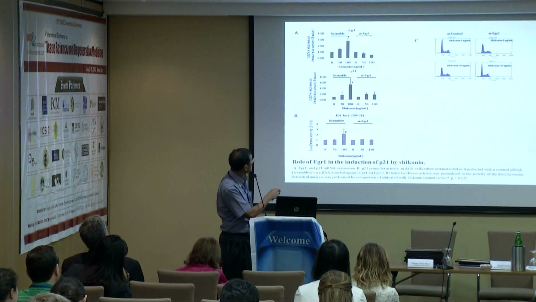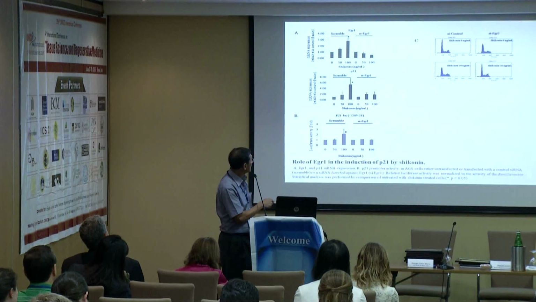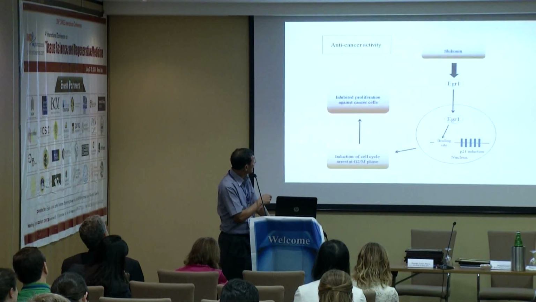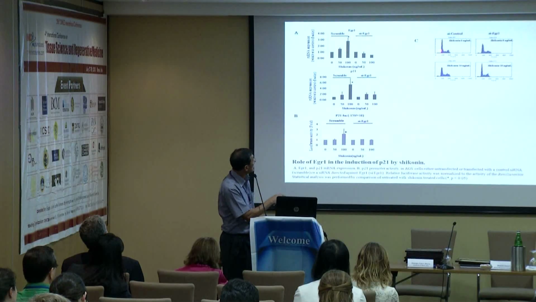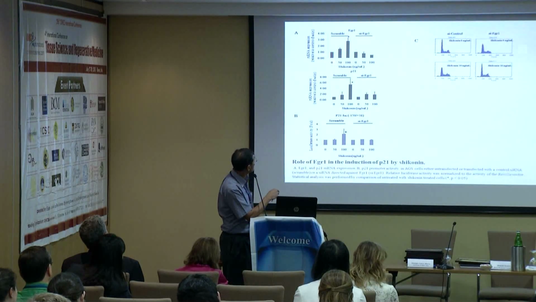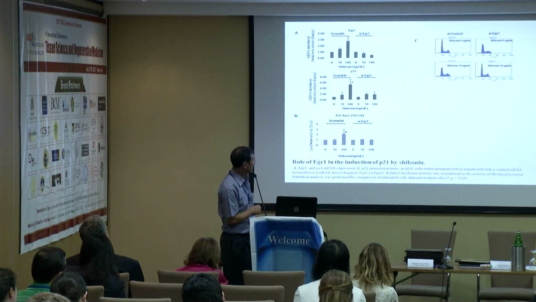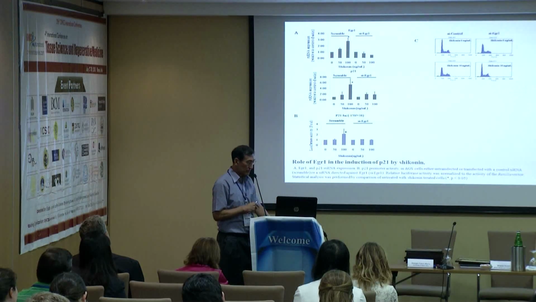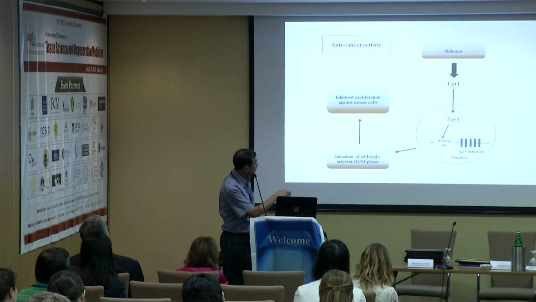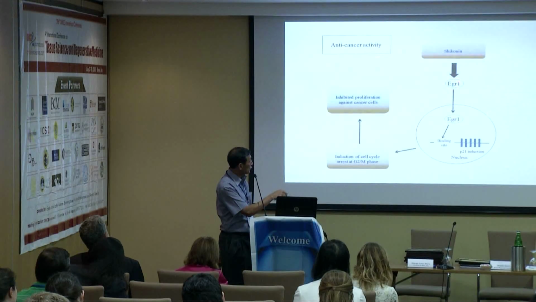Here is the siRNA treatment, and this is the control scramble. In this data set, chiconin treatment increases the messenger RNA level and the Western blot level, so chiconin induces EGR1.